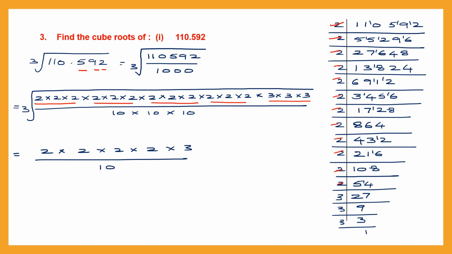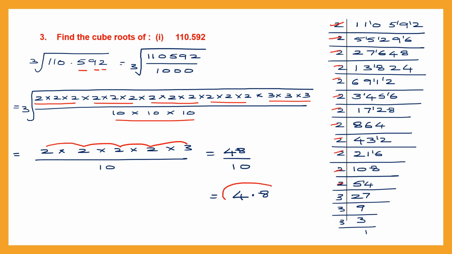Here also we have a triplet and we've taken only 1 from that triplet. So here we can multiply. 2 2's are 4, 4 2's are 8, 8 2's are 16, 16 3's are 48. So this is 48 by 10. We can make it a decimal number by giving it one decimal place because 10 has 1 zero. So this is our answer.